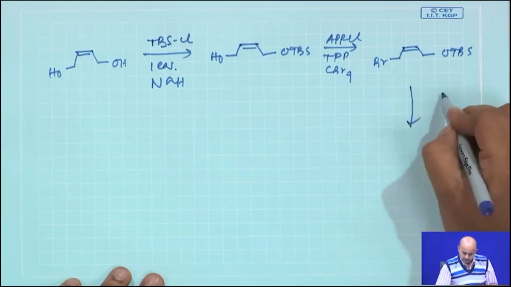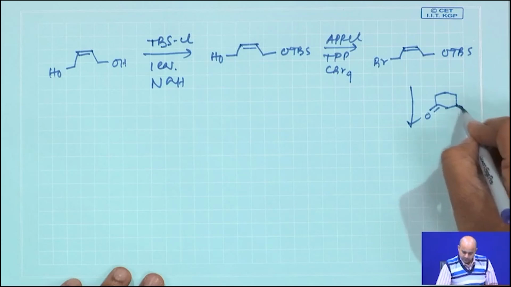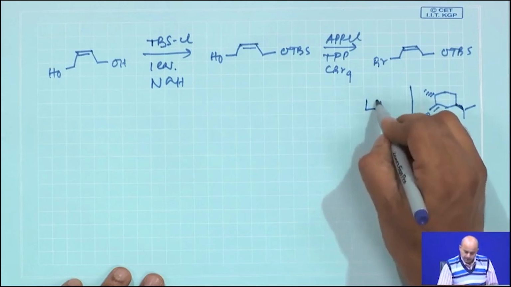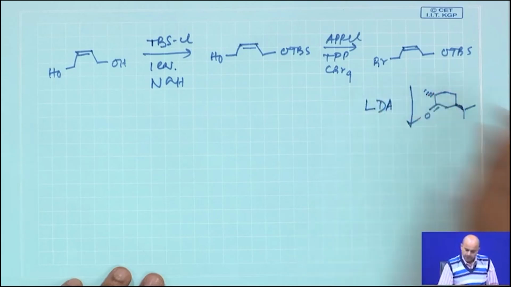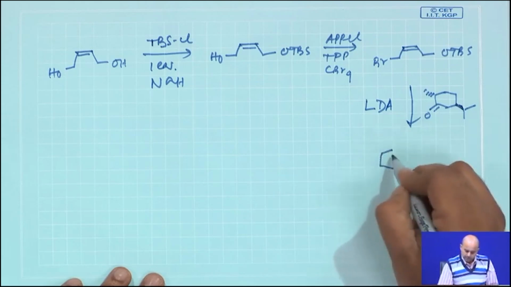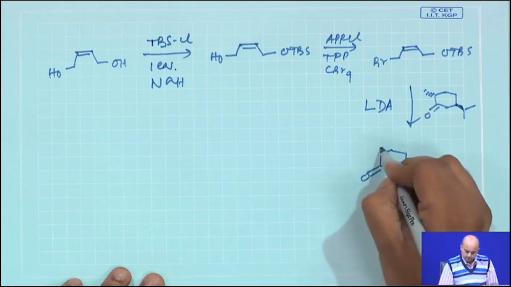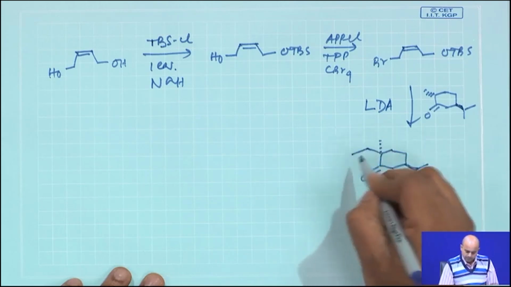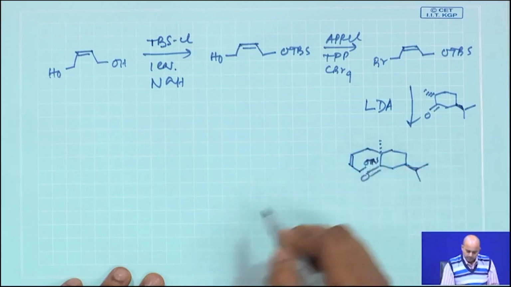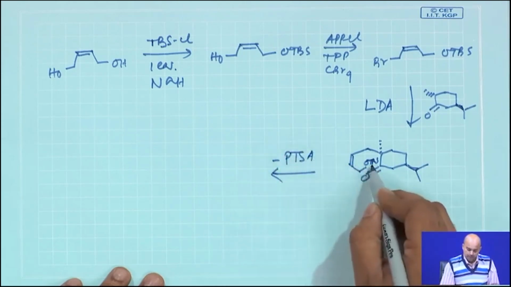Now, here you react your starting ketone and take this as an electrophile, generate the enolate from this thermodynamically more stable enol, and then you do the alkylation. OTBS. So, now basically remove this TBS with PTSA, that will give you the alcohol.